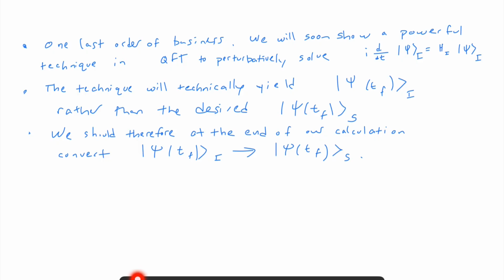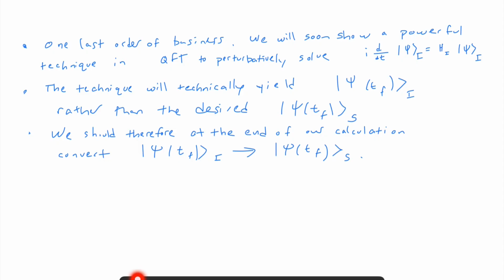Remember, when we really started talking about interactions and what we measure at the beginning of this lecture and in the other lecture, what we were really talking about is the standard picture, and our interpretation was in terms of the standard picture. In other words, we really wanted to calculate after the interaction is done using H naught plus H sub I. We wanted to really know what the ket was in the Schrödinger picture, not in the interaction picture, because we have a real interpretation of how to interpret our results, as we even talked about at the beginning of this lecture.